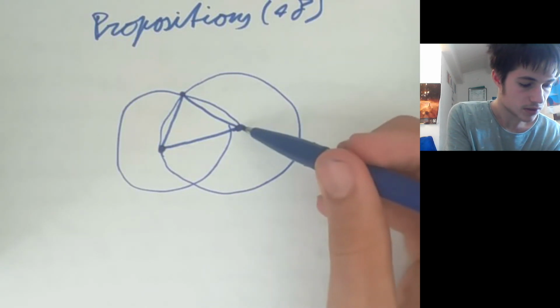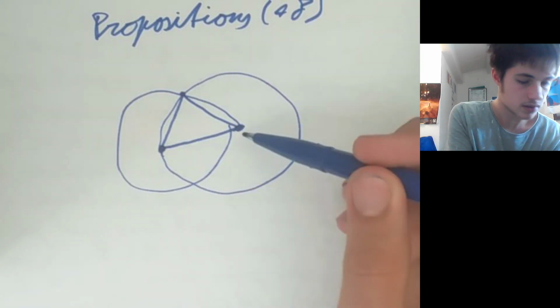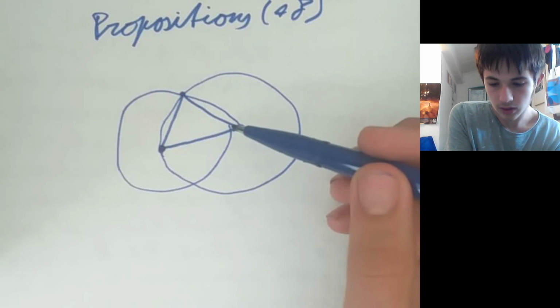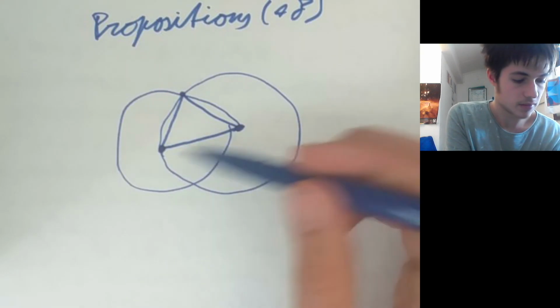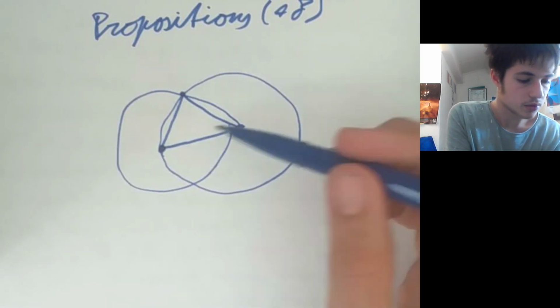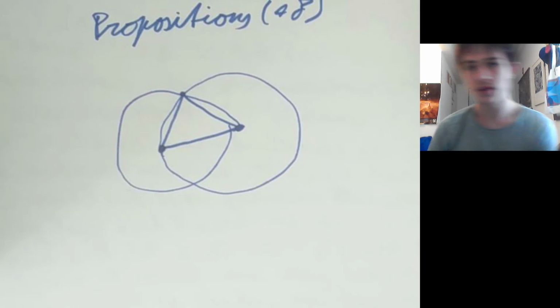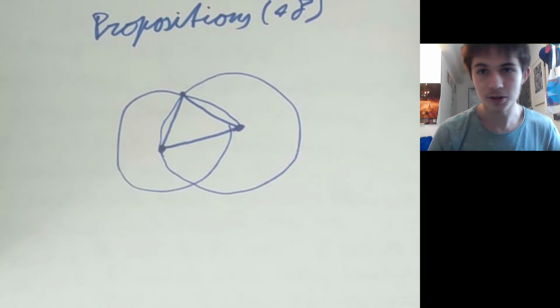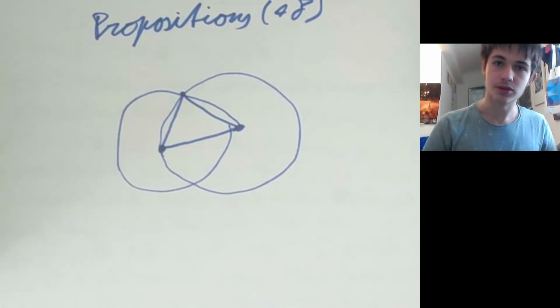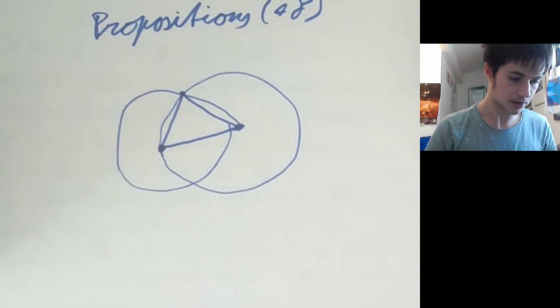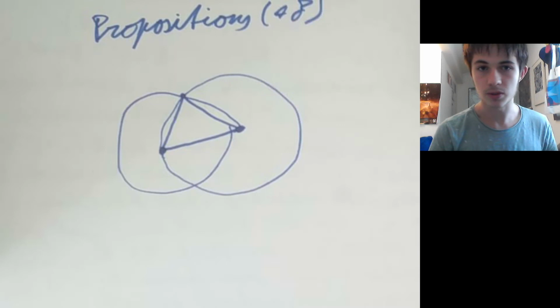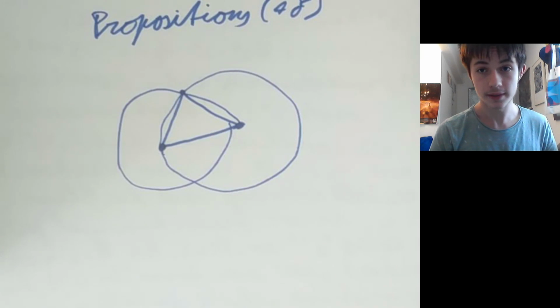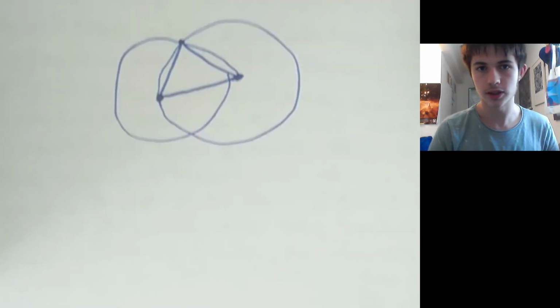And we know from this circle that this distance is equal to that distance. And so by the common notion that things equal to the same, namely this length, are equal to each other, we see that all three sides are equal to each other, which is the definition of an equilateral triangle. And so you see all of these things he assumed and defined before are coming back in the proofs, which is kind of obvious, but it's nice to see.